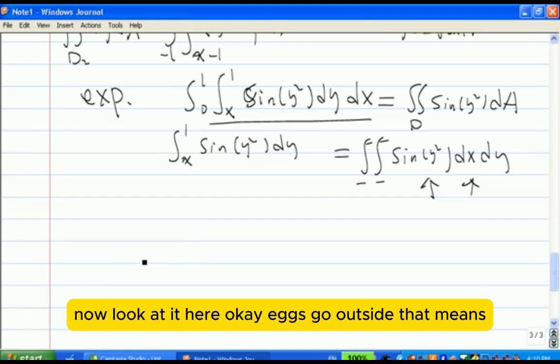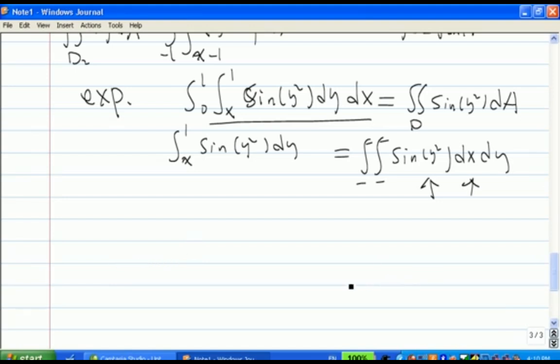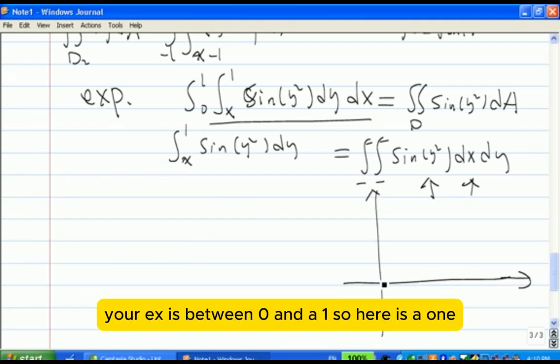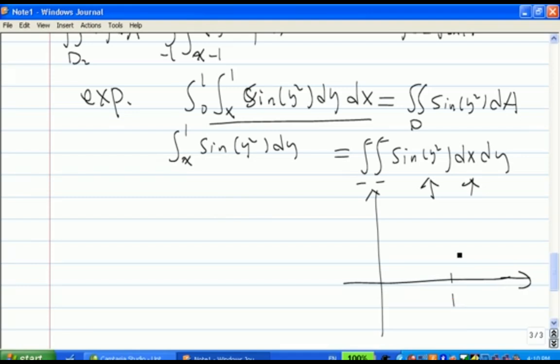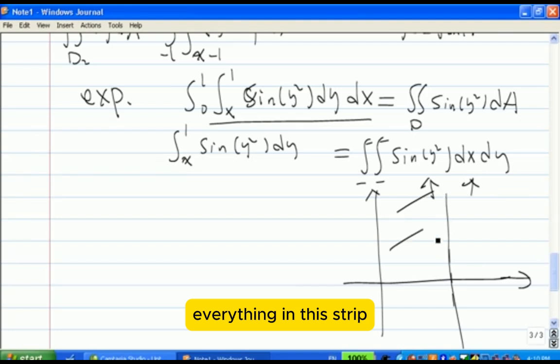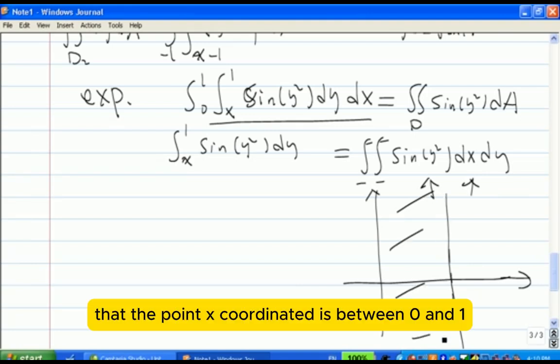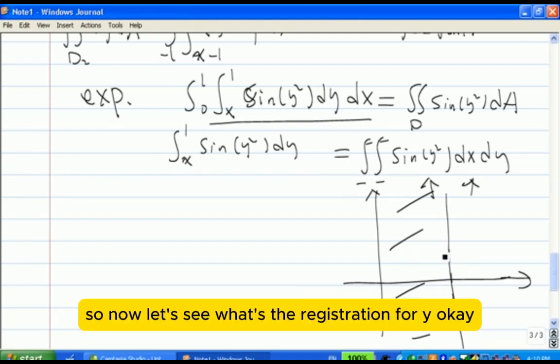That means your x is between 0 and 1. Say here's 1. Everything in this strip has its x coordinate between 0 and 1. So now let's see what the restriction for y is.